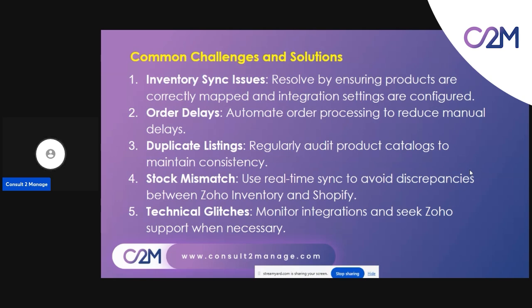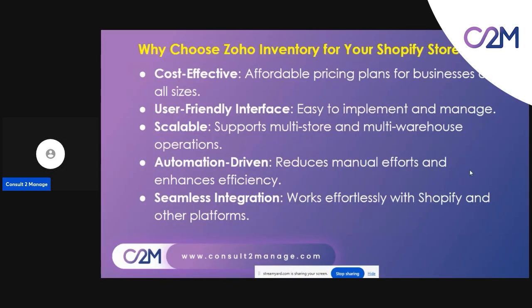For duplicate listings, we regularly audit the product catalog to maintain consistency. For stock mismatch, we use real-time sync to avoid discrepancies between Zoho Inventory and Shopify. And lastly, for technical glitches, we monitor integrations and seek Zoho support when necessary to overcome those challenges. Now, the question is why we should choose Zoho Inventory for a Shopify store.